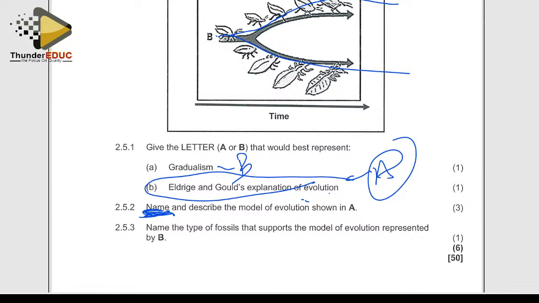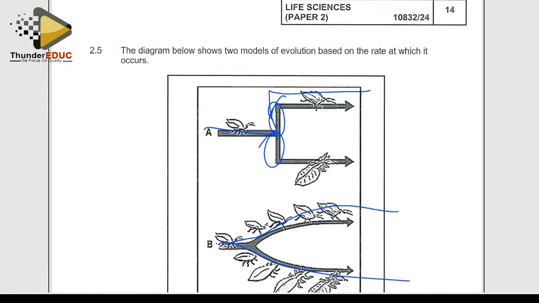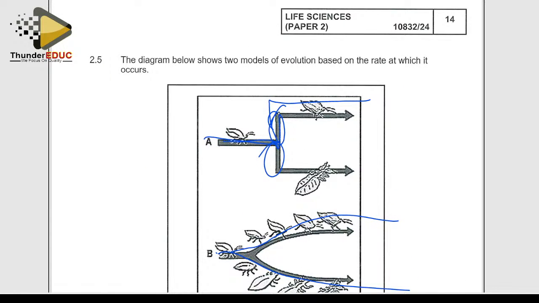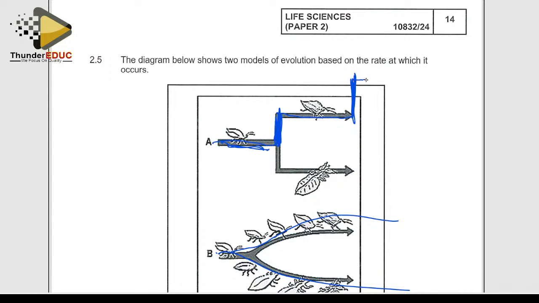So here it has long periods of no change with short periods of rapid change. Long periods of no change with short periods of rapid change.